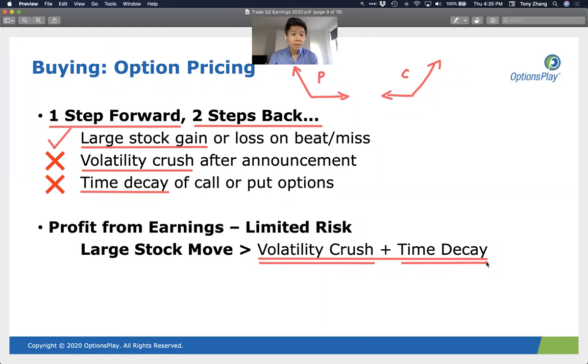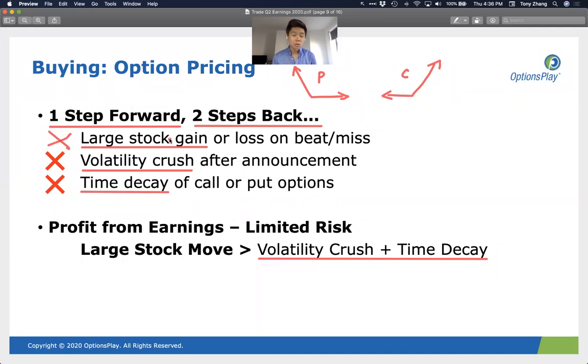Now, the challenge here is that you could get the direction incorrect. There's the possibility that you think that the stock's going to go higher, but instead that stock moves lower. So in this particular case, if you get the stock direction incorrect, then all three things are going to work against you, and you're basically going to lose most of the value of what you buy in terms of that call or put.